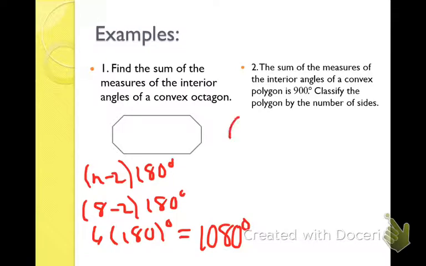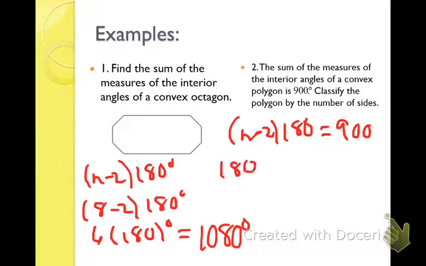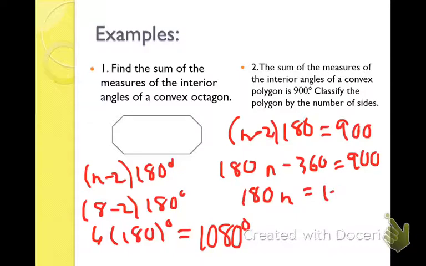So we would do n minus 2 times 180 equals 900. And then we simplify, so that'd be 180 times n minus 360, 2 times 180, equals 900. And then we solve for n, so it'd be 180n equals 1260.